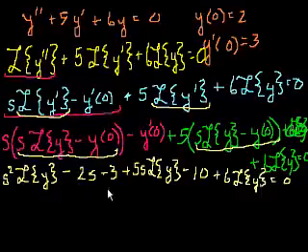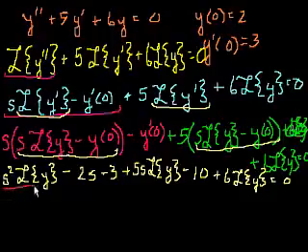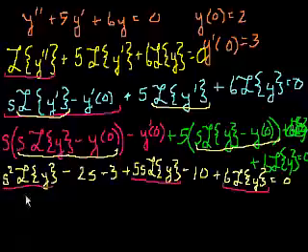Now, let's group our Laplace transform of y terms and our constant terms, and we should be hopefully getting someplace. So let's see. My Laplace transform of y terms, I have this one, this one, and that one. So what am I left with? Well, let me factor out the Laplace transform of y part.